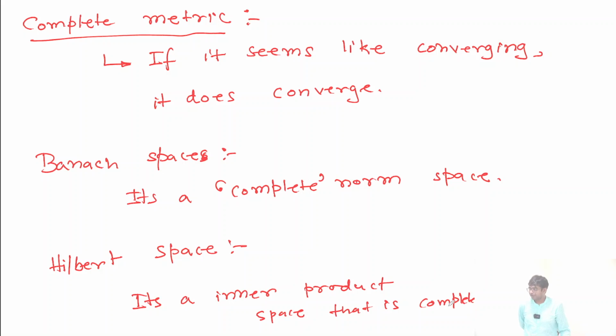Why do we care about Hilbert space? Because if you can show that some function belongs to Hilbert space, then your life becomes easier. Anything that is applicable in the Rn space, the vector space or the Euclidean space, everything holds here. For example, in the Euclidean space, you know that a vector can be represented using basis vectors E1, E2, E3.